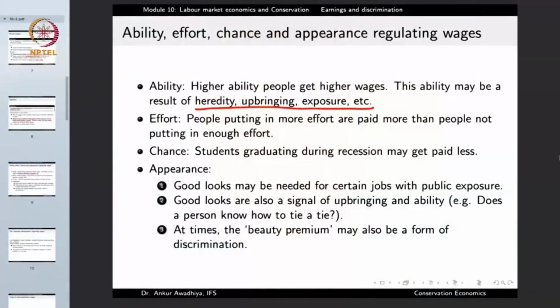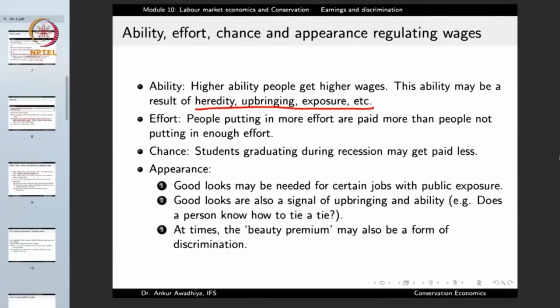Now, in this case, the upbringing would lead to a difference in the ability because at the end of the day, child one, when he grows up, will be working very hard as compared to child two, because it is there in his upbringing. So from early childhood on, he knows that he needs to work hard, and so it's now a part of his character. It's a part of his nature. So upbringing can also make changes in ability.